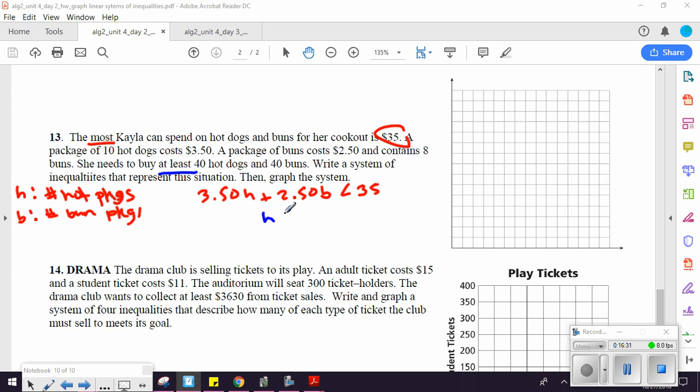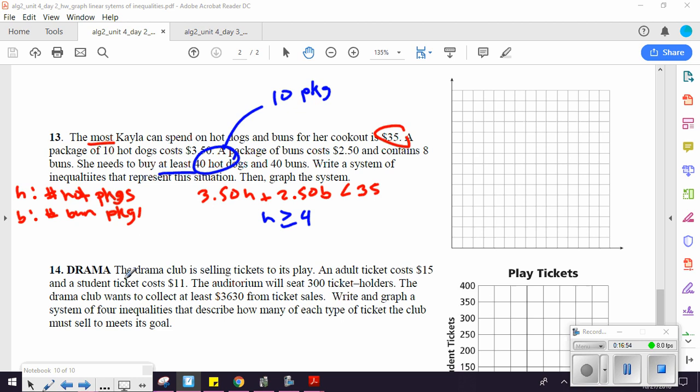So H has to be greater than or equal to 4. Again, it says 40 hot dogs and it's 10 in a package. So that means 4 packages. Does that make sense? All right, glad you're following.